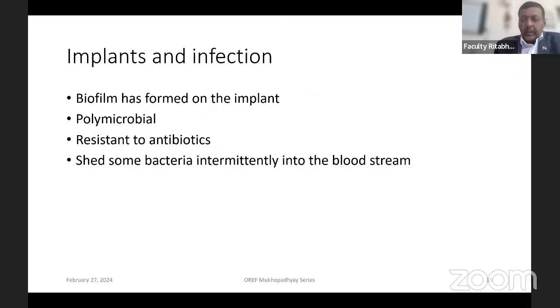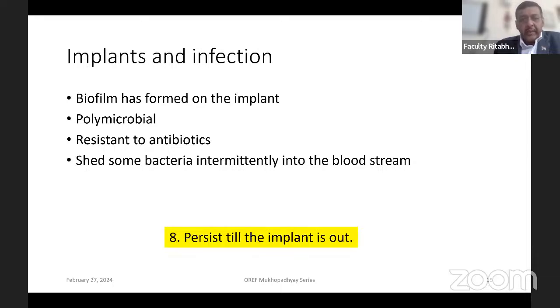So, as soon as a biofilm has formed on the implant, most likely the biofilm has many bacteria in it with predominance of one. All the bacteria there are extremely resistant to antibiotics. Those that are shed off intermittently are picked up in the bloodstream. So the bottom line is giving antibiotics is not going to help.